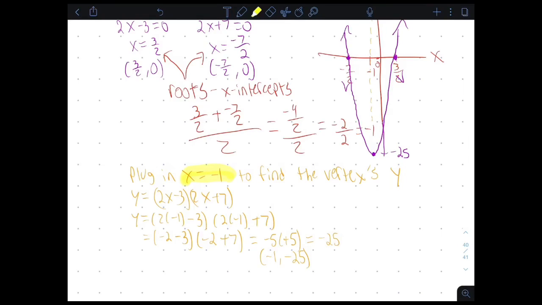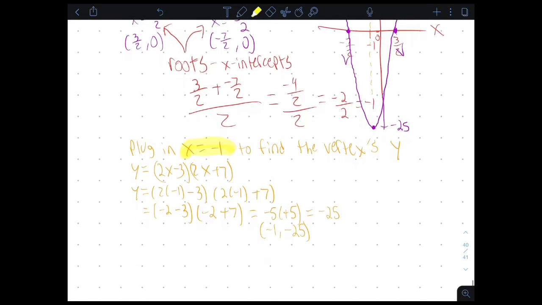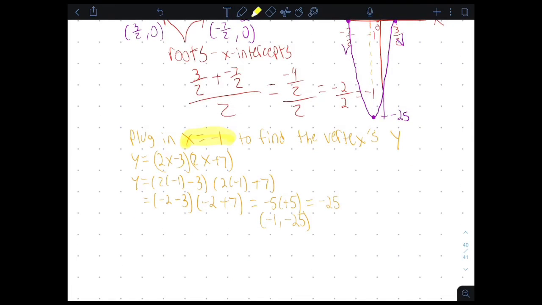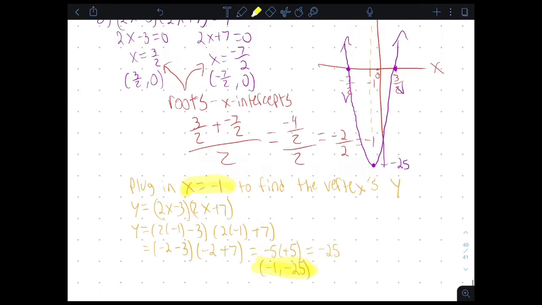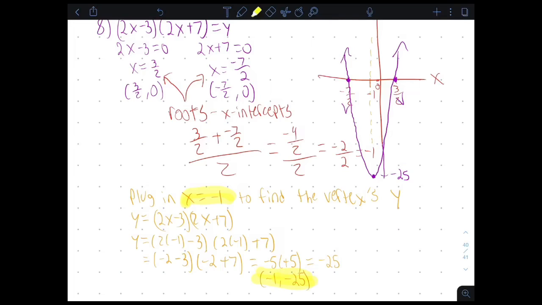That's where the axis of symmetry is. Once we know the axis of symmetry, the vertex has to have that same x value. So we plug that in, and that's going to give us the y for the vertex. Once we solve for that y, that's our last coordinate, the third one that we needed. We plot 3 dots, and then we can connect those with our curve to make a good old parabola.